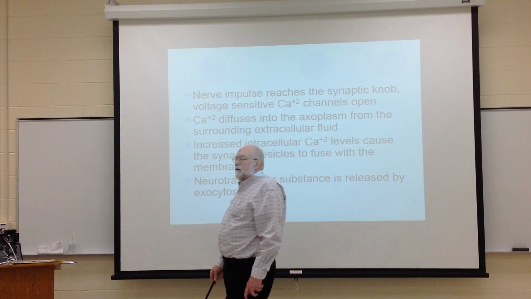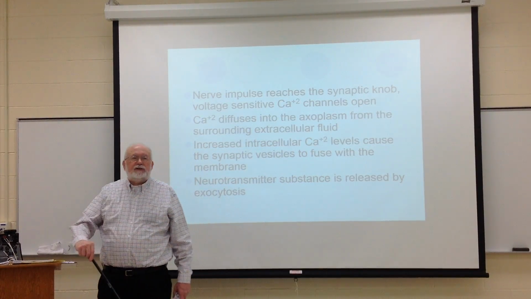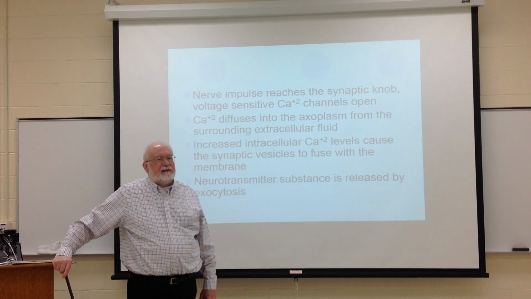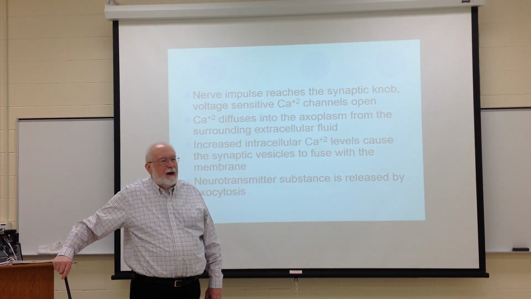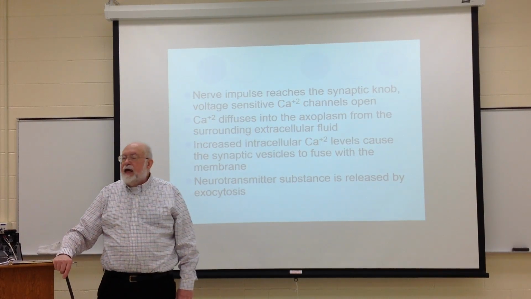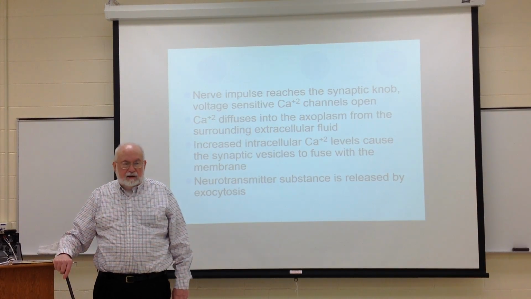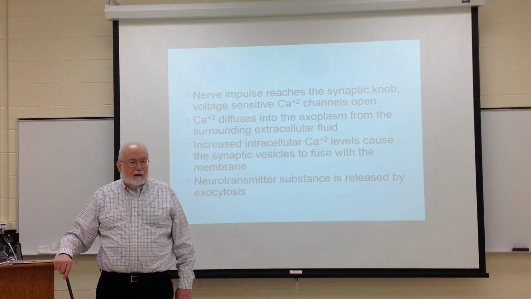If an action potential reaches those calcium ion channels, guess what they do? Pop open. And when they open up, they emit calcium ions into the axoplasm in that area. So the calcium is now flooding into the axon, into that synaptic knob.